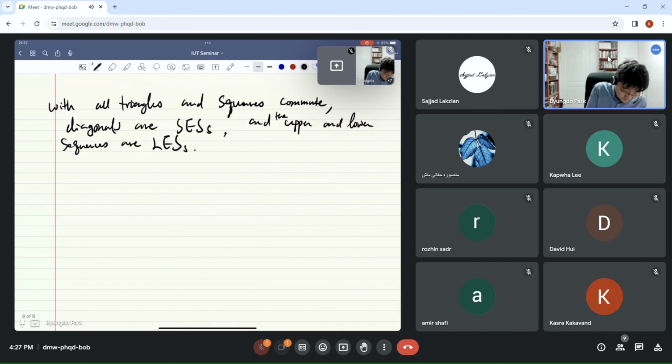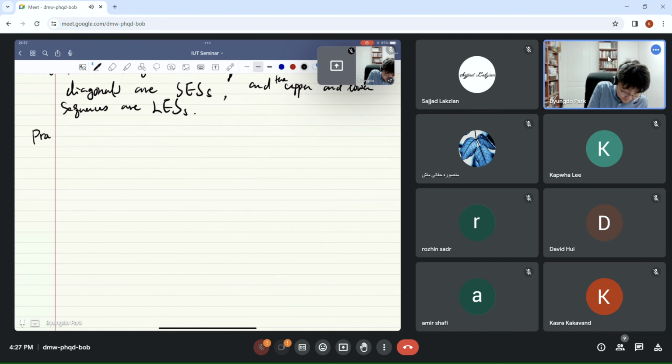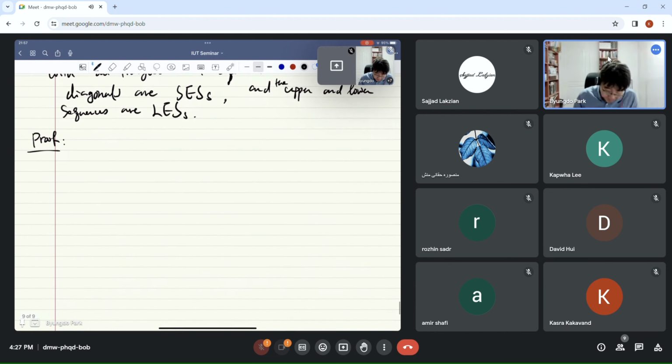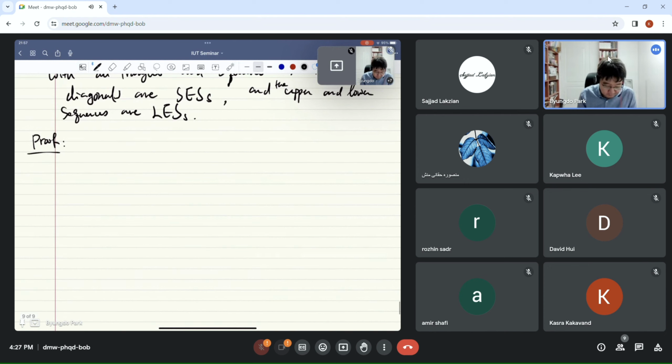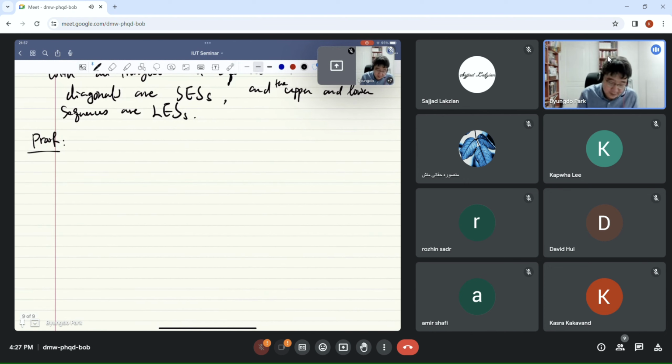So, proof. This proof is going to consist of lots of exercises for students, for example, or anyone who's interested in filling in details. So to save time, I'm going to leave many claims as exercises.